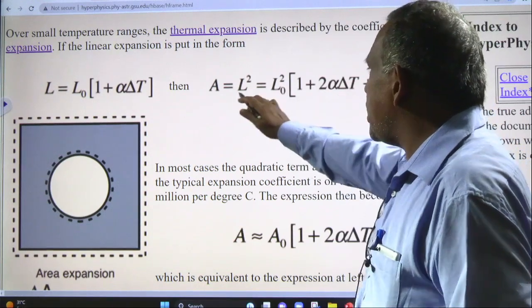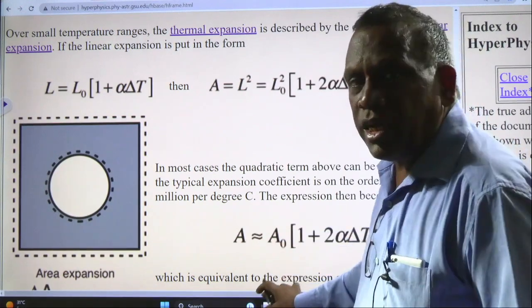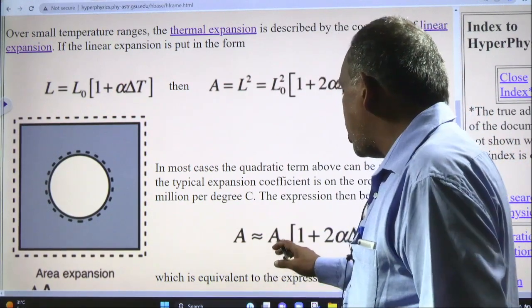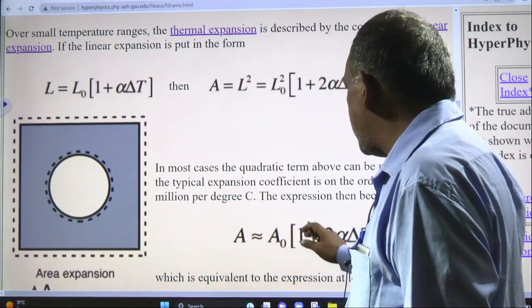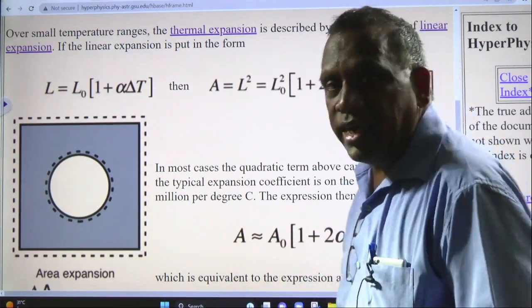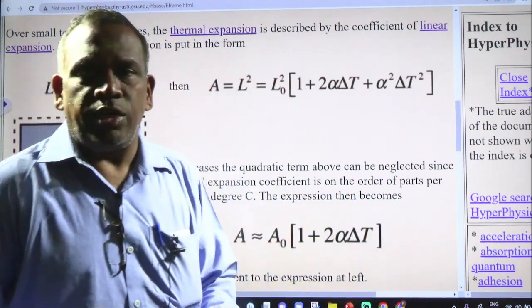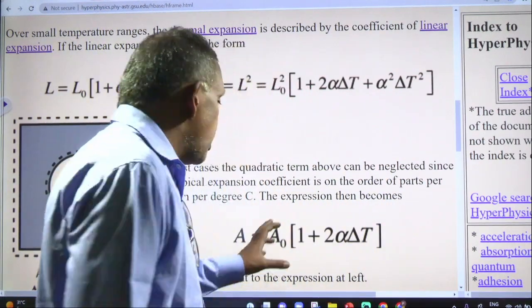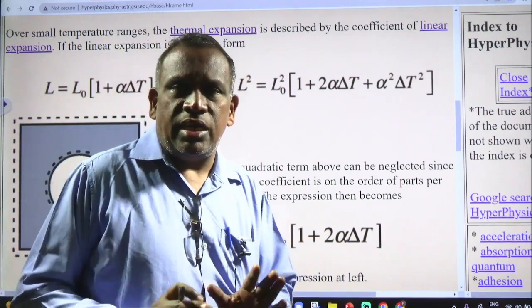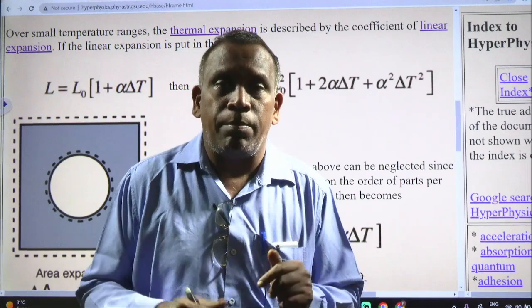If you are neglecting the alpha square value, only this is left. So it means the area is approximately equal to A naught, the initial area, into 1 plus 2 alpha delta T. So it means A2 minus A1 by A1 into T2 minus T1. Here 2 alpha is the constant, and the 2 alpha is denoted by beta.